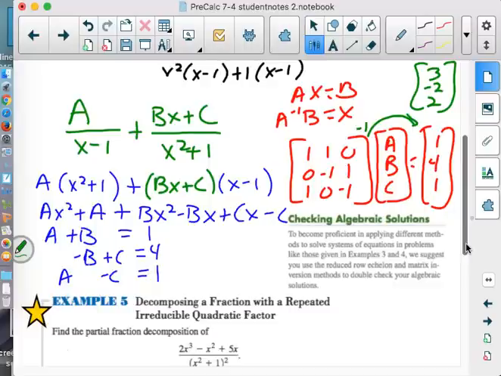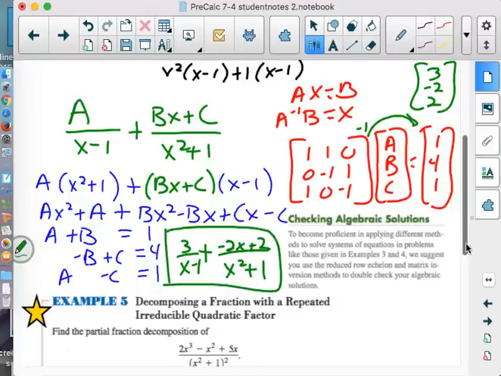Well, my A was supposed to go over x minus 1. You can see where they should go in this linear expression up here. So negative 2x plus 2.